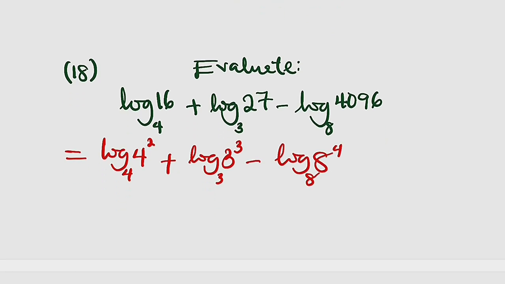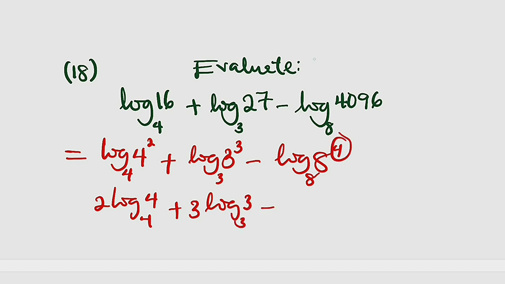According to one of the laws of logarithm, all these powers will drop down to multiply. So this 2 will drop down to multiply log of 4 base 4. 3 will also drop down to multiply log of 3 base 3. Minus this 4 will also drop down to multiply log of 8 base 8.